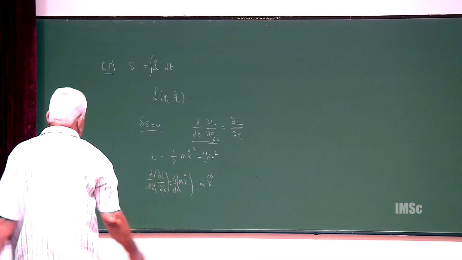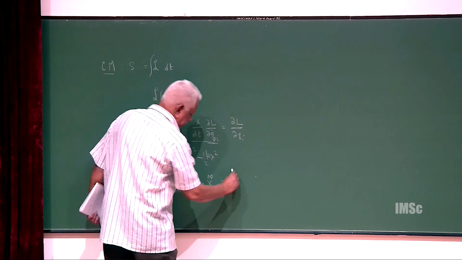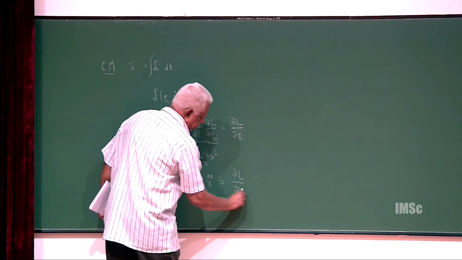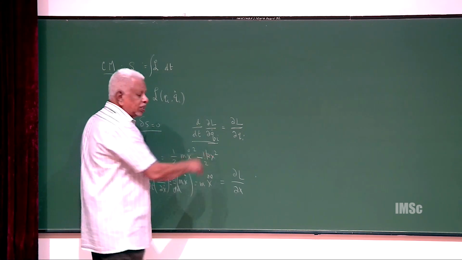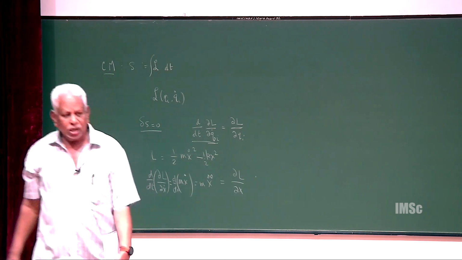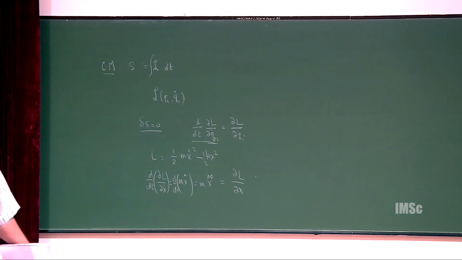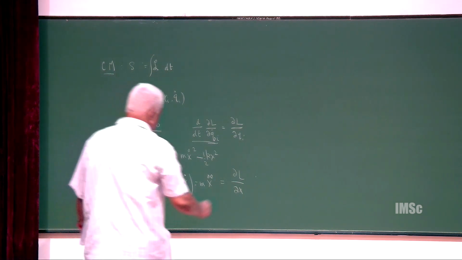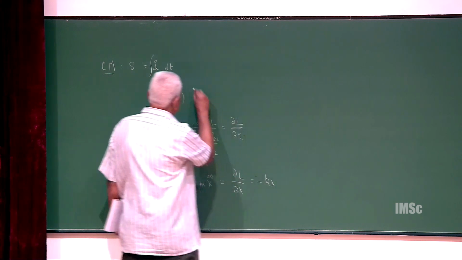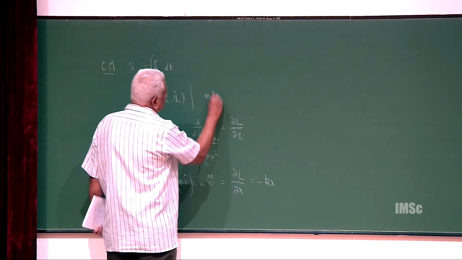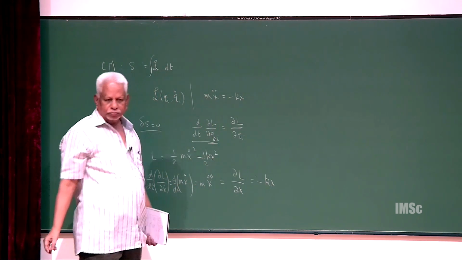Now what about the right hand side? It is dL by dx, and that is from minus half k x square. You differentiate with respect to x, you will get k x, so this is equal to minus k x. So the equation of motion is m x double dot equals minus k x.